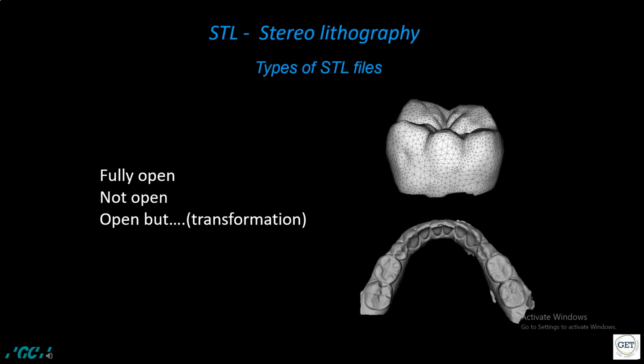The STL file is preferred to be an open file, in order to be used with any software and does not require any conversion process, which might be a source for inaccuracies. Unfortunately, still there are some companies who limit their appliances for a certain software only, or obligate the orthodontist to use a specific appliance in order to use their products.